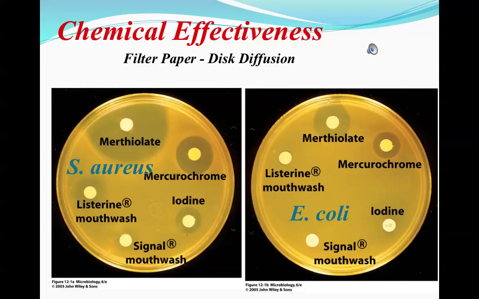Now, this disc diffusion method is used not only for antiseptics and disinfectants, but as we'll see when we get into our discussion on antimicrobials, the same procedure can be used. The only difference is that the little paper discs will be saturated with antimicrobials, like antibiotics.